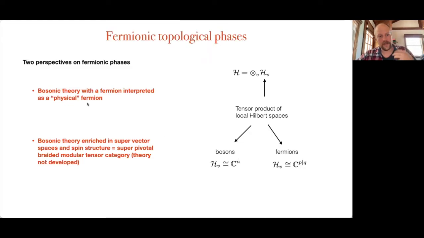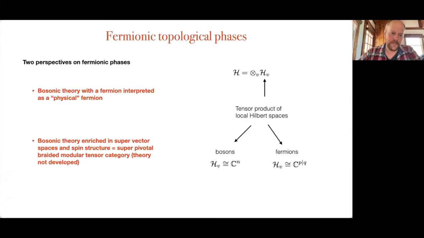Now there are two algebraic perspectives for describing fermionic topological phases that I'm aware of. One is to take a bosonic theory, such as the one that I just described, that has a fermion in its spectrum. So one of these anyons that appear in that list is actually a fermion. We interpret that object as a physical fermion, and we identify it with the odd parity vectors sitting inside the supervector space.